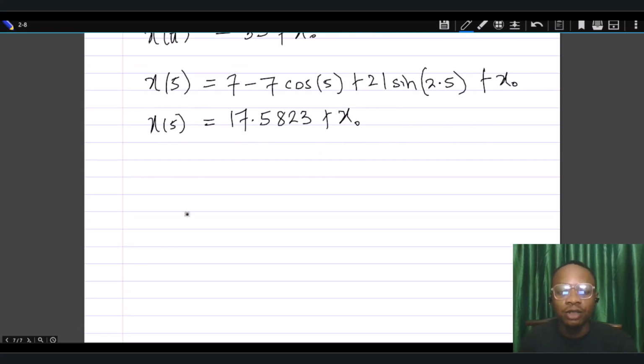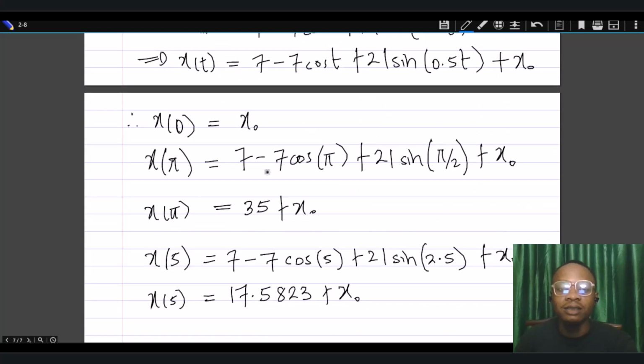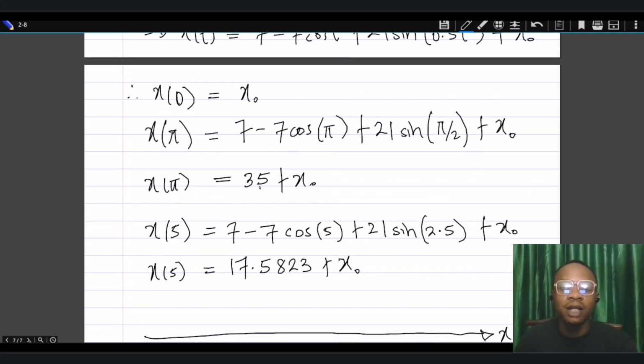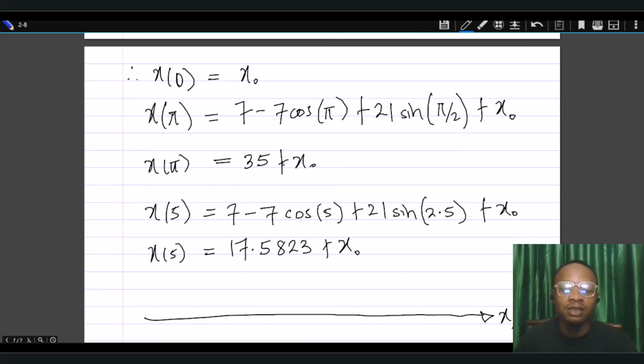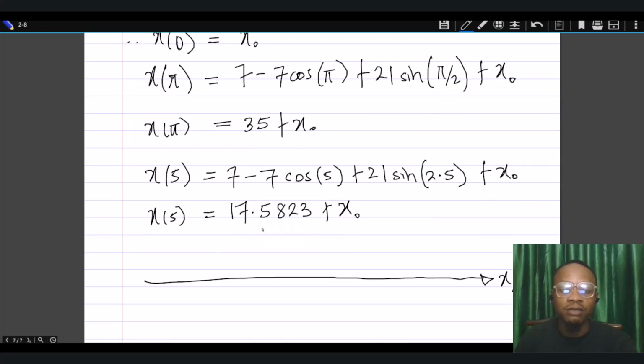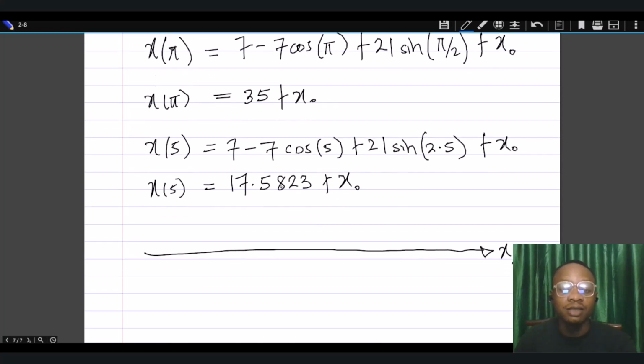So for illustration of what is really going on right here, this is x, which is in meters. Initially the body was at x naught, and then at pi, it has gotten to 35 plus x naught, that is, it went 35 to the right of x naught. Then by 5, it's got to 17 point something. That means it turned back, for the position to have decreased, as expected.